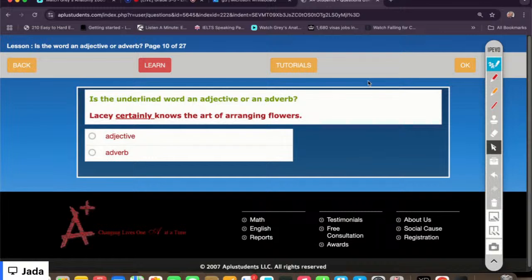Lacey certainly knows the art of arranging flowers. Adjective or adverb.